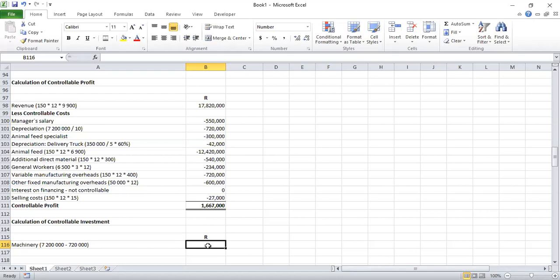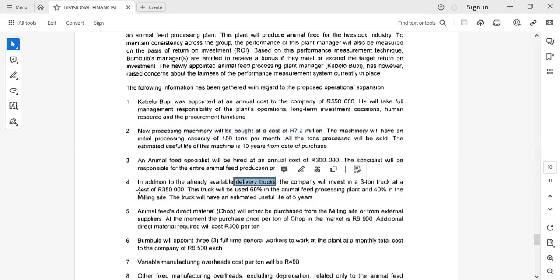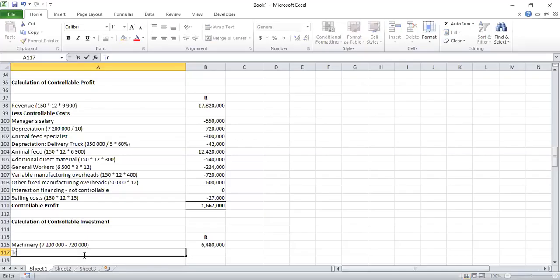Then we also had the truck, which was bought at 350. I think those are the only two assets that we have. And the depreciation, we calculated it above, 42,000.